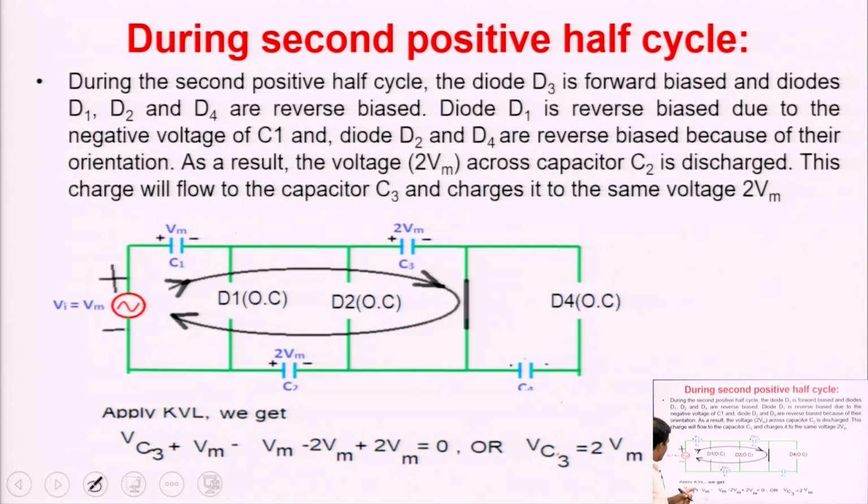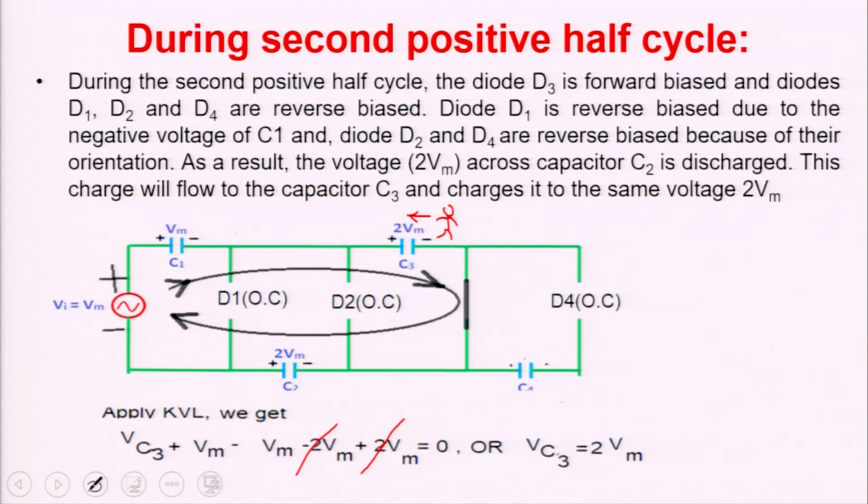Now, if we apply KVL in this loop, moving from minus to plus, we get Vc3 plus Vm minus 2Vm plus 2Vm is equal to 0. Then Vc3 plus Vm minus 2Vm is equal to 0, and Vc3 is equal to twice Vm.